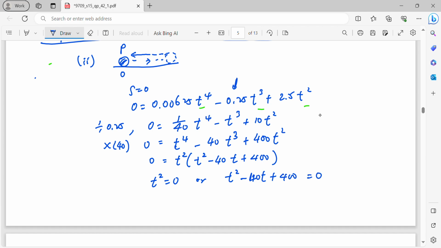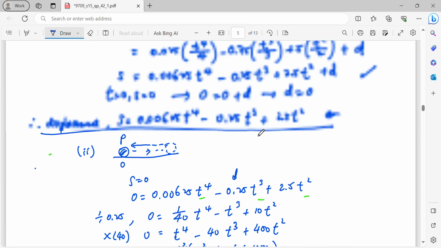Then from here, when t squared equals to 0, it means that your t equals to 0. But then for the quadratic equation, I can factorize this into (t minus 20) squared, then equals to 0. So which means your t minus 20 is 0, hence your t equals to 20.